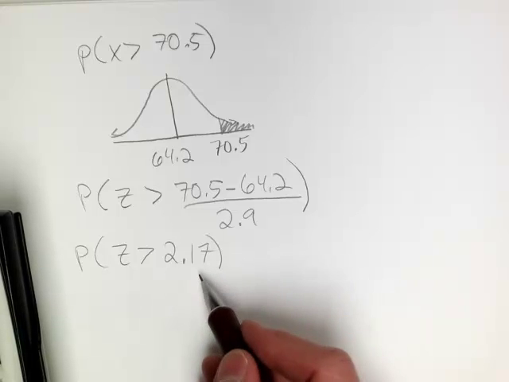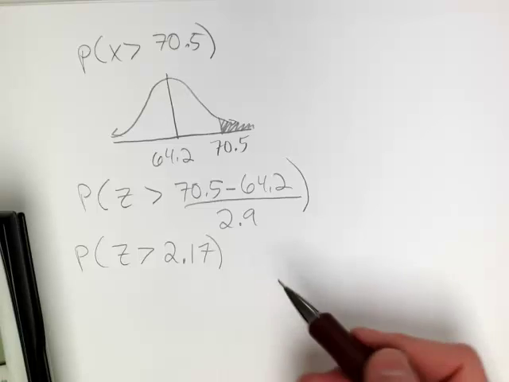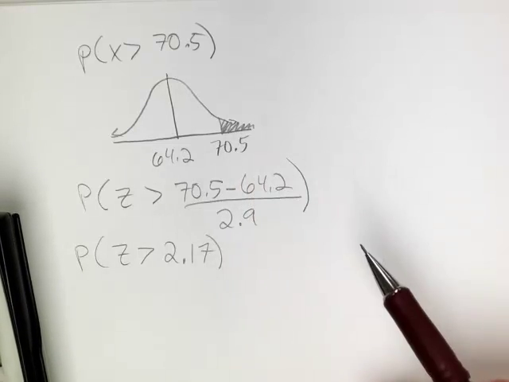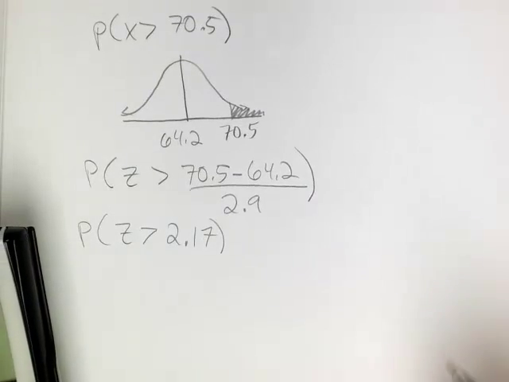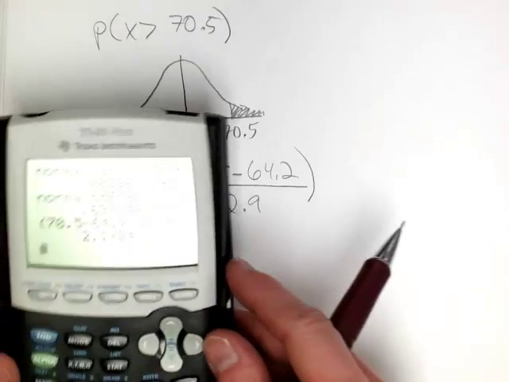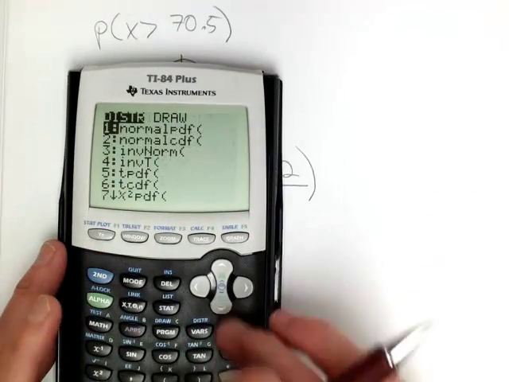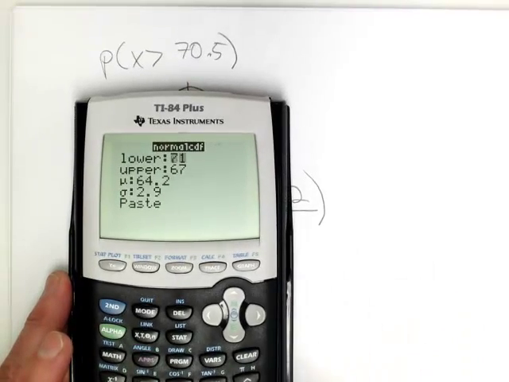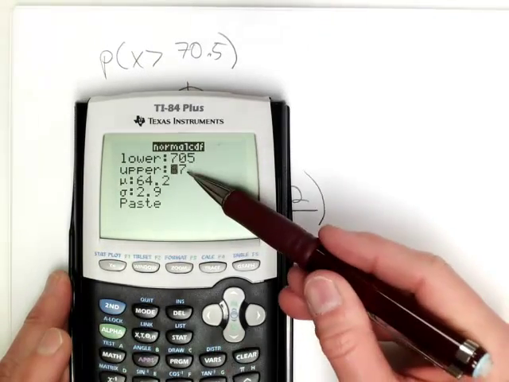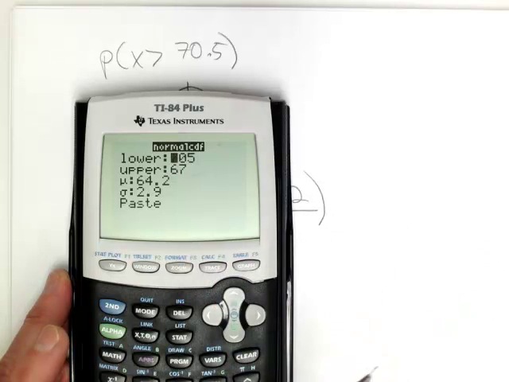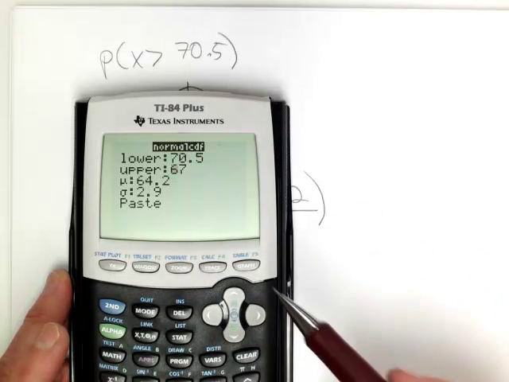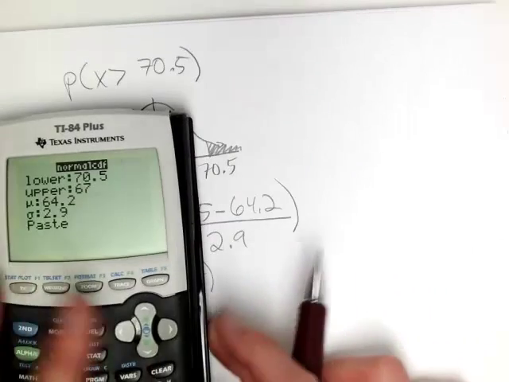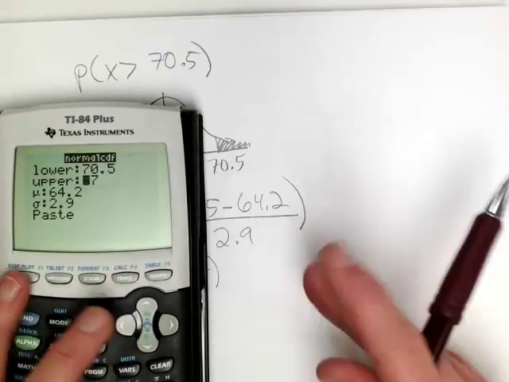Let's see if this area is also considered to be unusual. I want to know, is this area less than 0.05? So I'm going to go ahead and use my normal CDF. My lower bound now is 70.5. My upper bound is a really, really large number, because I'm going from my point to positive infinity.